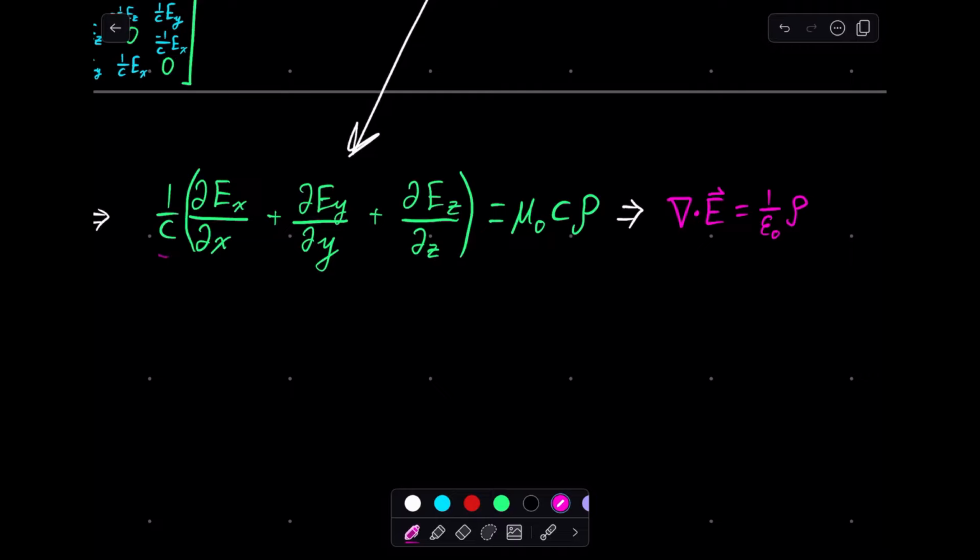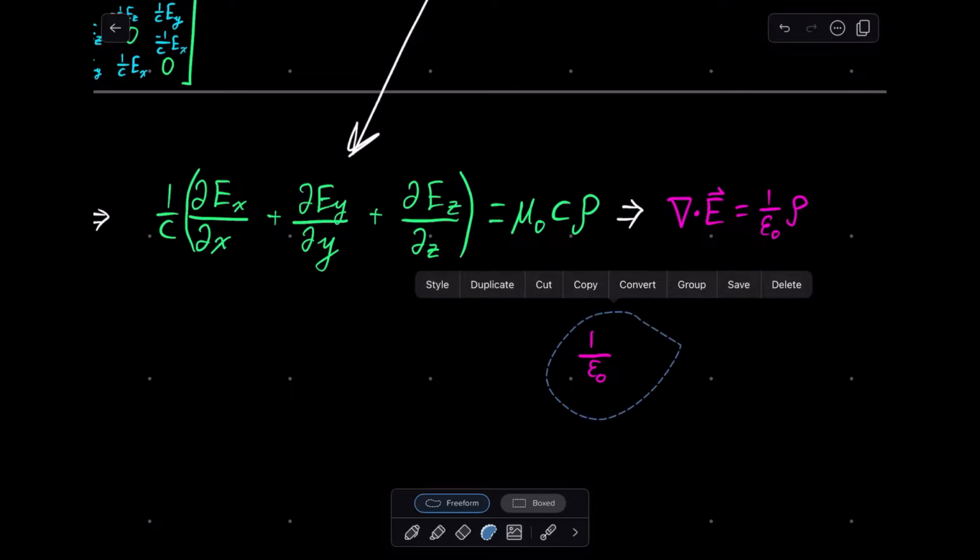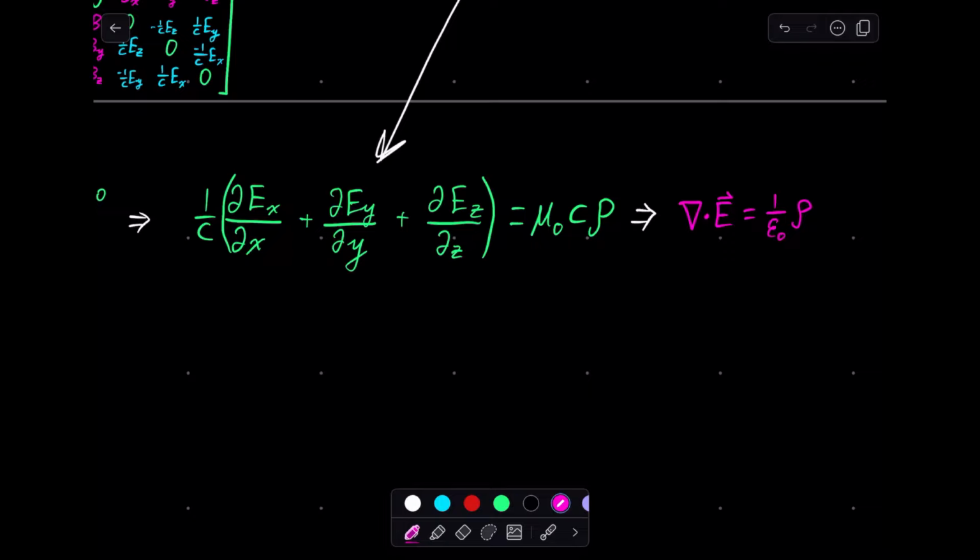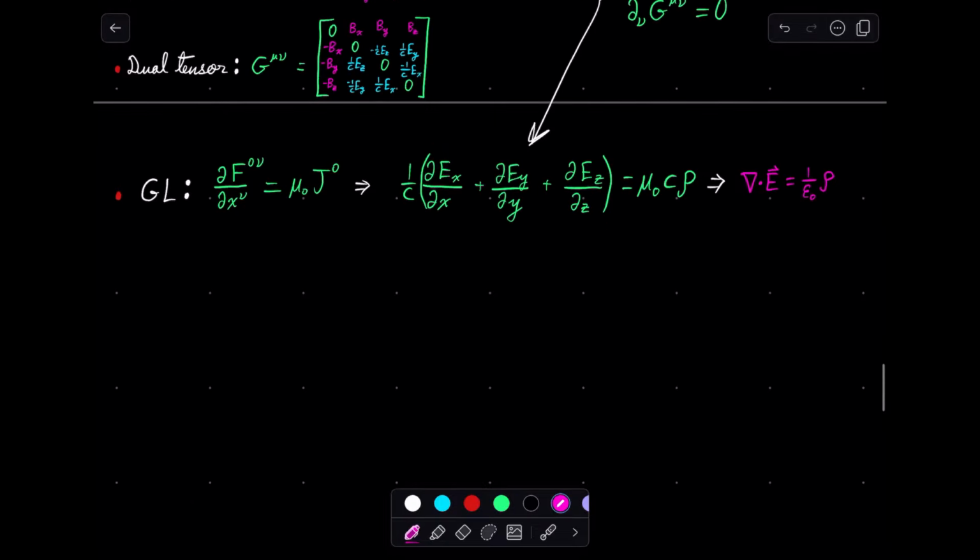Well, this C right here goes over, so you end up with a mu naught C squared, which is equal to 1 over mu naught epsilon naught. So these cancel out, and you end up with just 1 over epsilon naught, and that's where it goes. So that's Gauss's law.